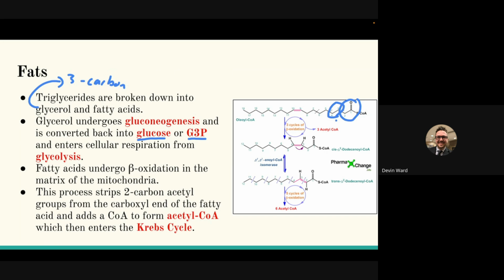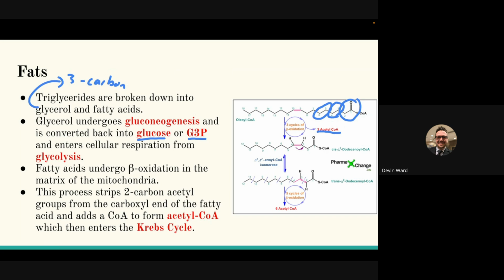This will become another acetyl-CoA, and then it moves on to the next one. So in this example, it made 3 acetyl-CoA groups. We just add the CoA enzyme to the end of the fatty acid. Every time it gets shorter, we put on another CoA enzyme just to keep the process moving. That's how it breaks down our fatty acid, 2 carbons at a time.